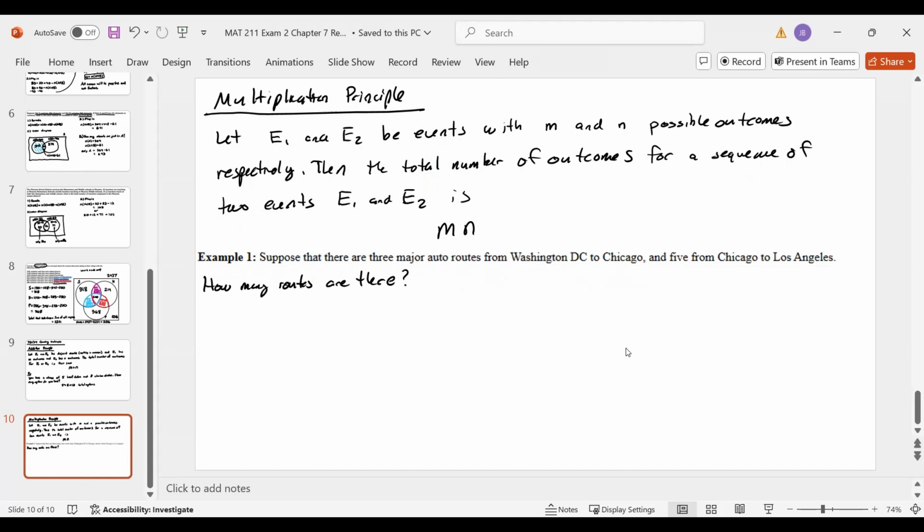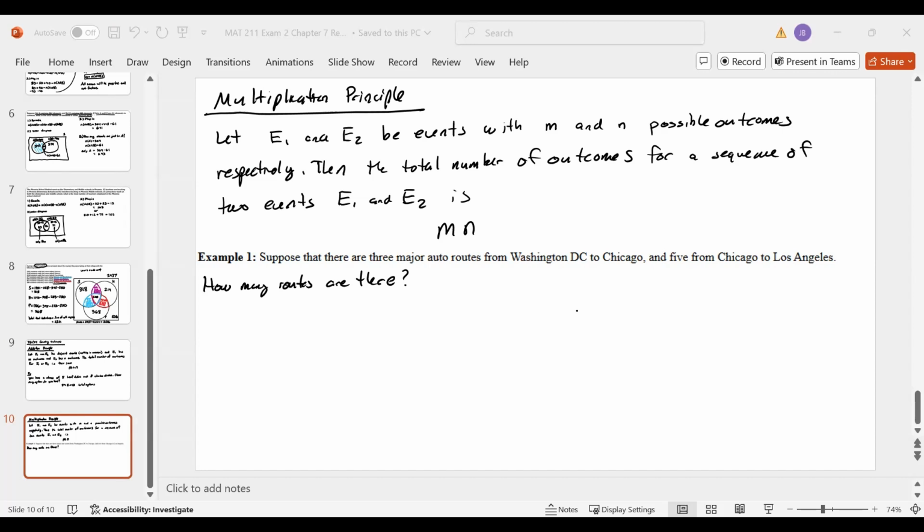Well, again, it just kind of depends on how you want to interpret this, but effectively, I just want to find out how many routes there are from DC to Chicago to LA, and we're going to multiply, right? So you can think about it this way.